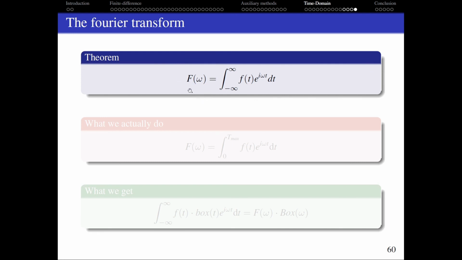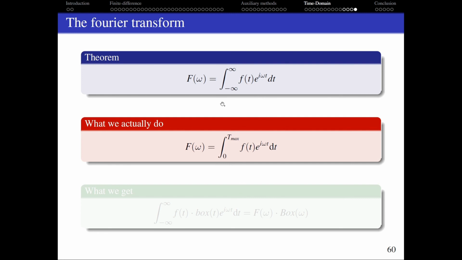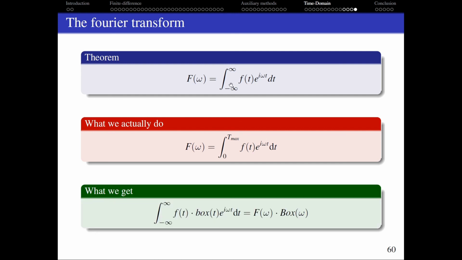The Fourier transform is defined this way, but what we actually do is that since we need to end the calculation somewhere, this integral not only ends somewhere, it starts somewhere. So this integral goes now from 0 to a maximum time, while it should go from minus infinity to plus infinity.